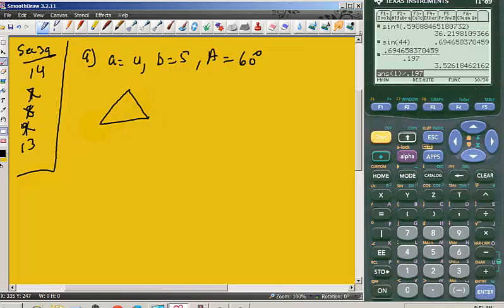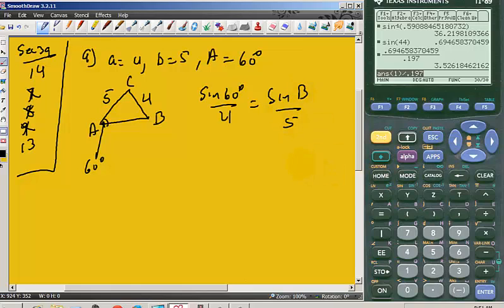Whenever I'm using law of sines, I want to put A here, give an angle there in that corner, only because it's easier to see, and that's 4. I'm going to put the 5 here, so if I rotate the sides, I know what I'm doing. B, and that's C. That's going to be sine of 60 degrees is to 4 is equal to sine of B is to 5.